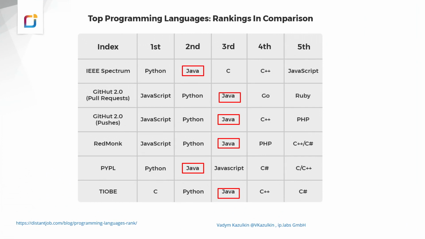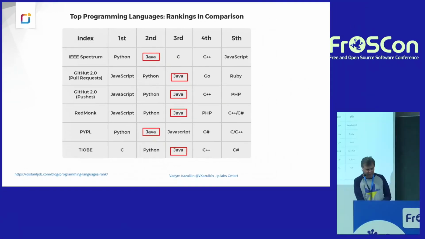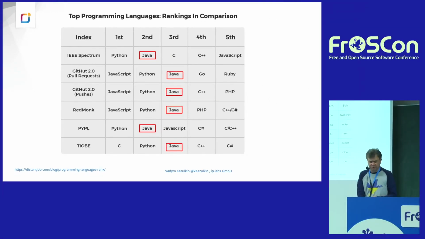Depending on where you look for the rankings and how they are collected, it can be the number of GitHub projects, number of job postings, or something like this. It's very difficult. You will see that Java is between place 1 and place 3, and this has been constant for the last 20 years. And I think that depending on the ranking, the gap between Java and place number 1 is just marginal, more or less.